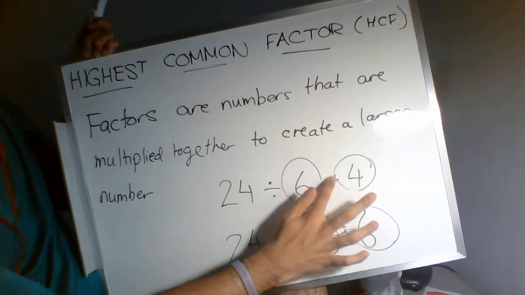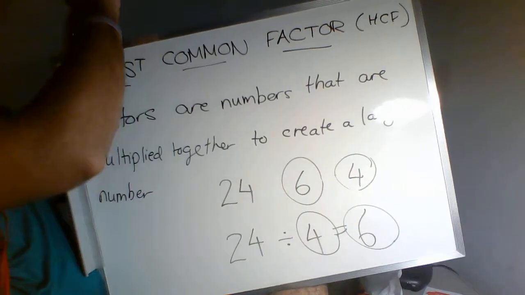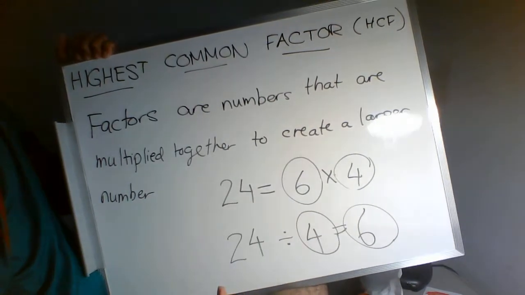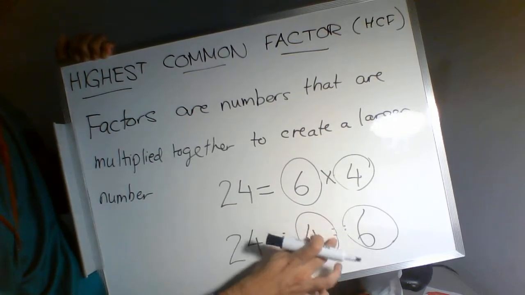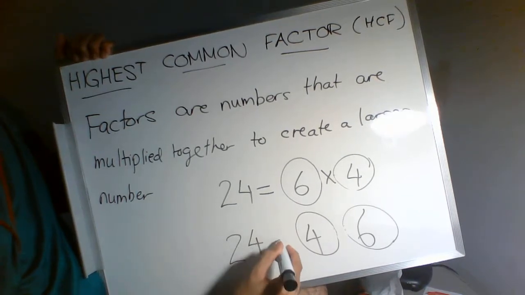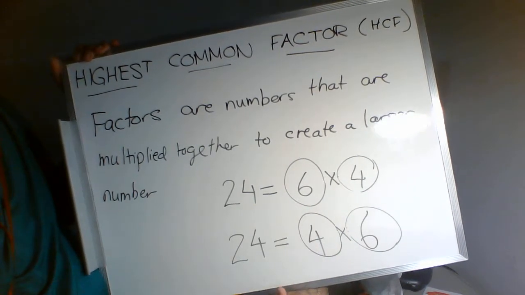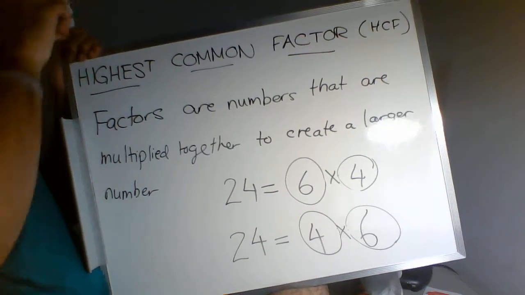If we don't say this as 24 divided by 6 or 24 divided by 4, then we get 24 equals 6 times 4, right? And then we get back that whole concept of factors being part of a multiplication problem. Obviously for multiplication the order doesn't matter, so the 6 and the 4 are both factors of 24.